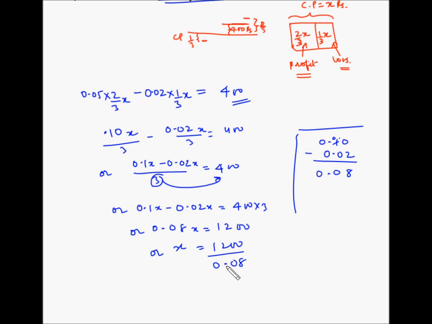So here we can remove this decimal and add two zeros. So this becomes 120000 divided by 8. So 8 ones are 8 and then 4 carry over. So 8 fives are 40 and 000. So this is equal to 15,000 rupees. So this is the value of the consignment, or the cost price of the consignment.